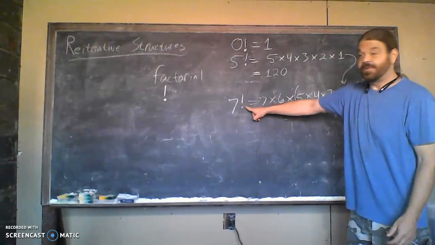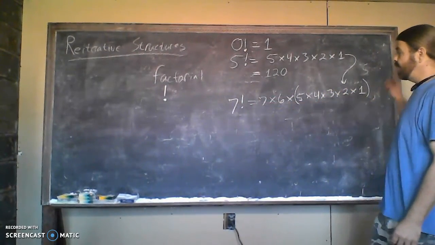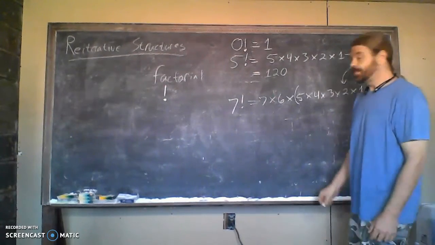So the factorial operation is we take whatever number we're looking at and multiply that by every number leading up to it.